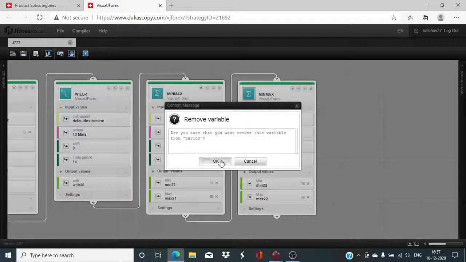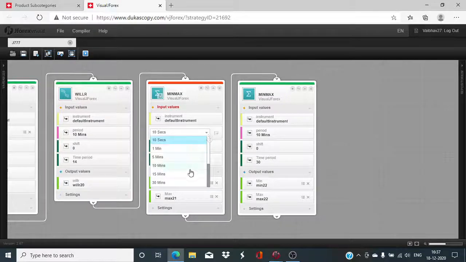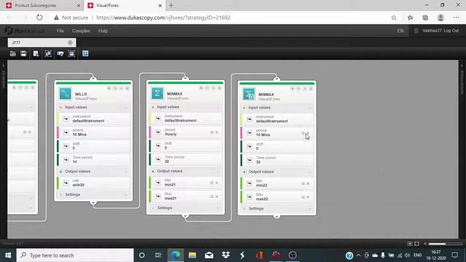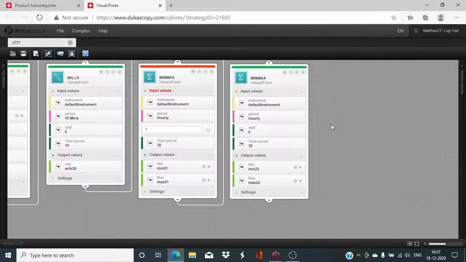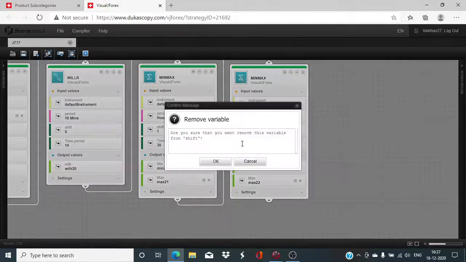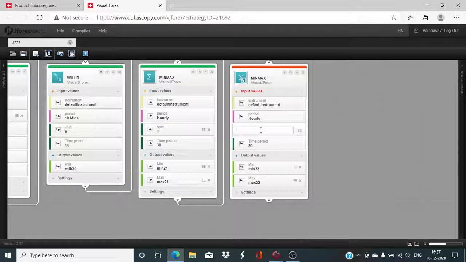Now we want to change the time period to say hourly, and here we are utilizing the shift value of 1, and here we will change this to 5.